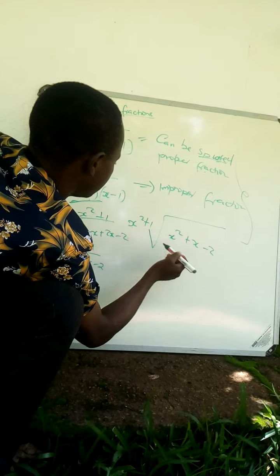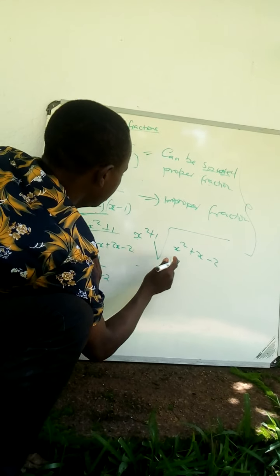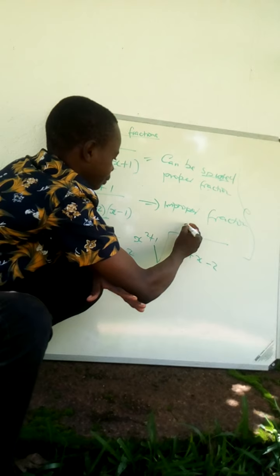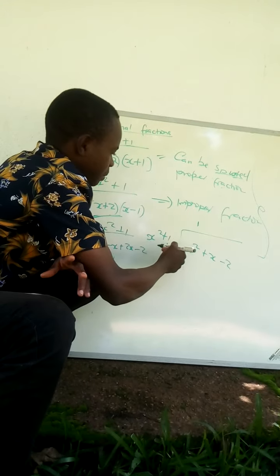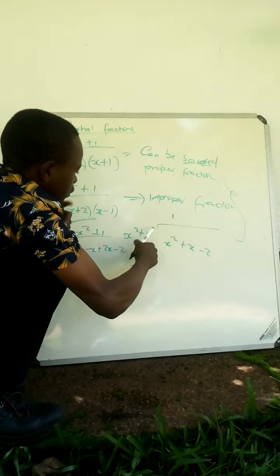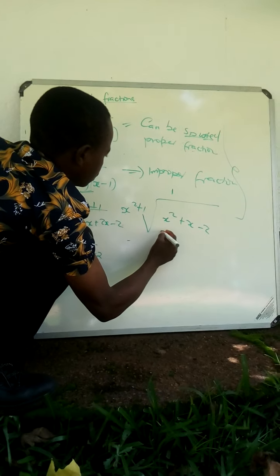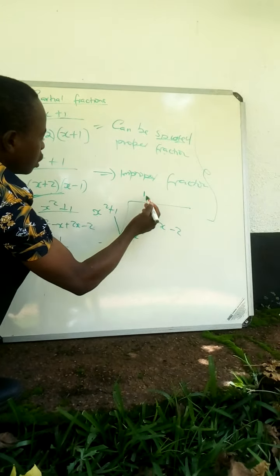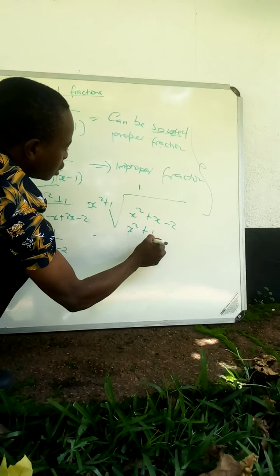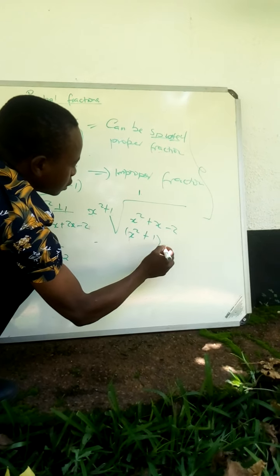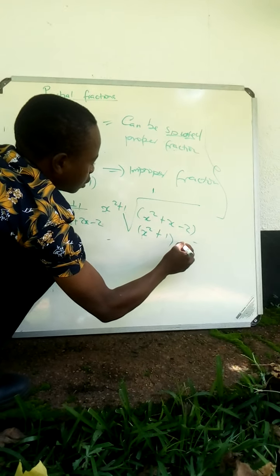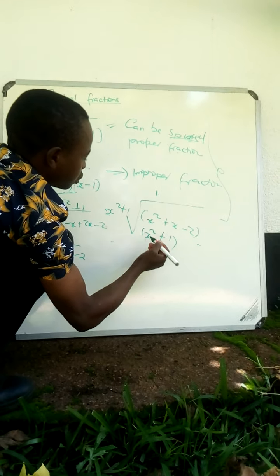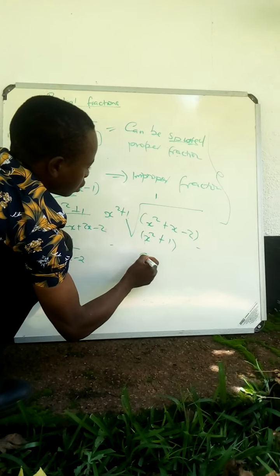So x squared into x squared is 1. 1 multiplied by x squared, 1 multiplied by 1, plus 1. Then you subtract: x squared minus x squared is 0.